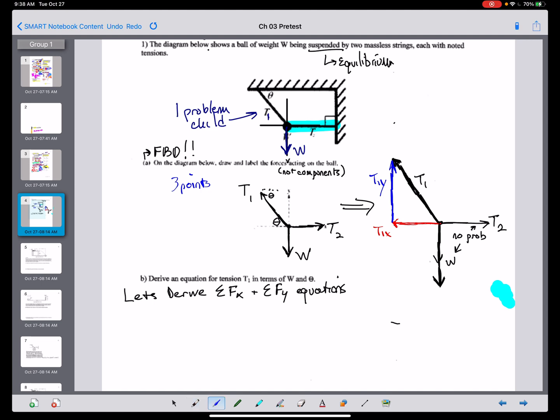Sigma Fy equals 0. If you like putting 0 first, you can. That's going to equal T1Y. I declare T1 positive, and W will be negative. So it's going to be T1Y minus W, because W is down. That, of course, equals 0.